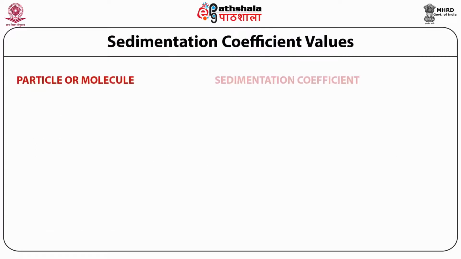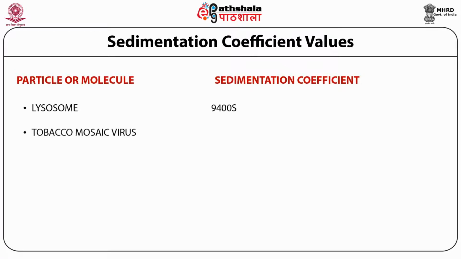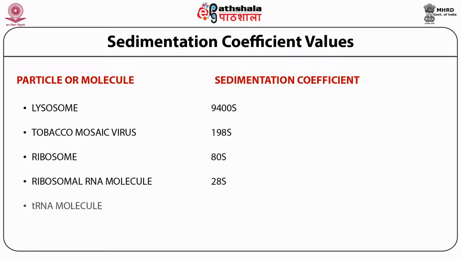So now the sedimentation coefficient values of some well-known biological molecules are given here. These are particles like the lysosomes, which have a sedimentation coefficient value of 19400S, tobacco mosaic virus having 198S, the ribosome having a sedimentation coefficient value of 80S, then ribosomal RNA molecule having 20S, and transfer RNA molecule having 4S.